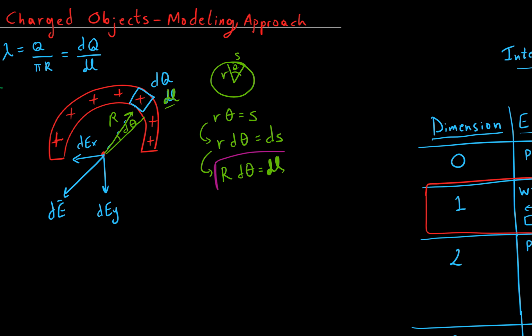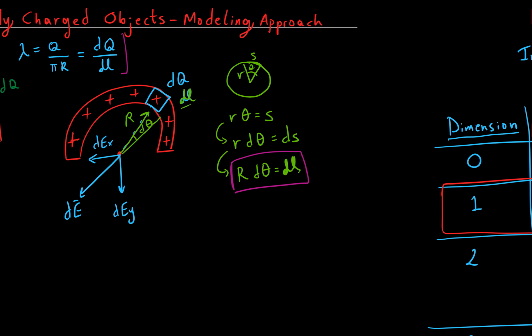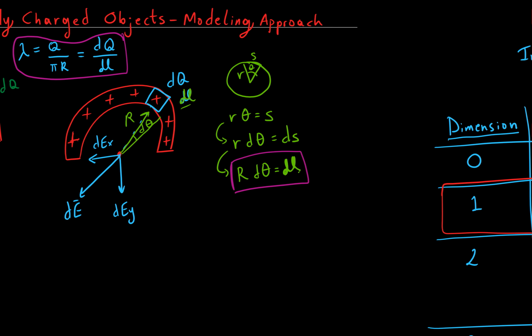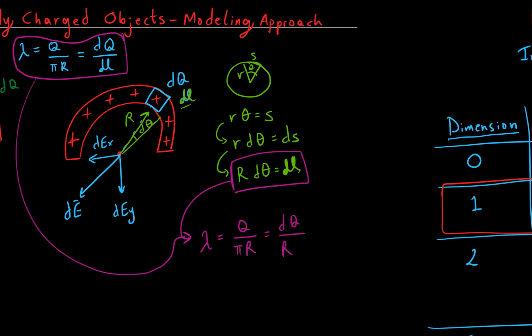So taking this for dl and recollecting that we previously defined this as our intensive property, we can now put 2 and 2 together, and we see that our intensive property can be redefined as q over pi r, which is equal to dq over r d theta. And what do you know?